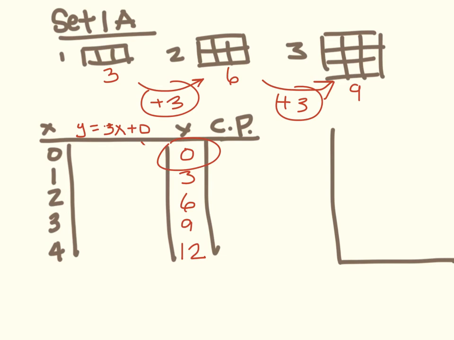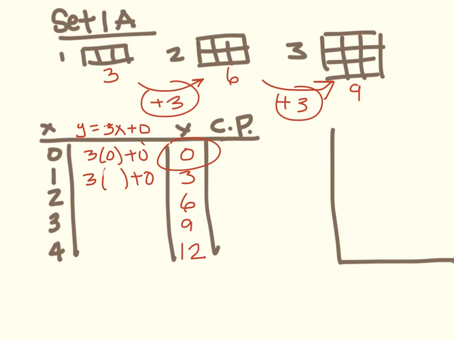Okay, then we apply this. So this would be 3 times 0 plus 0. This would be 3, whoops, erase that. 3 times 3 plus 0. 3, I'm sorry, obviously not paying attention to what I'm doing.